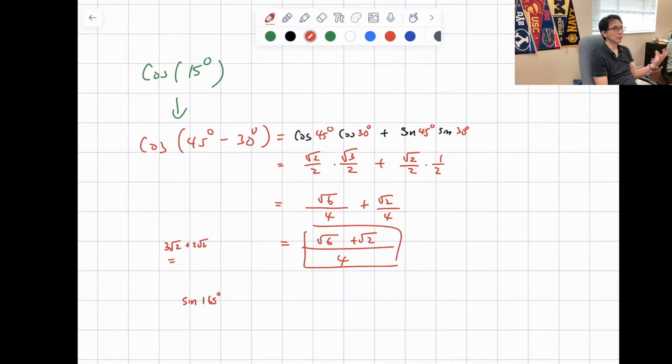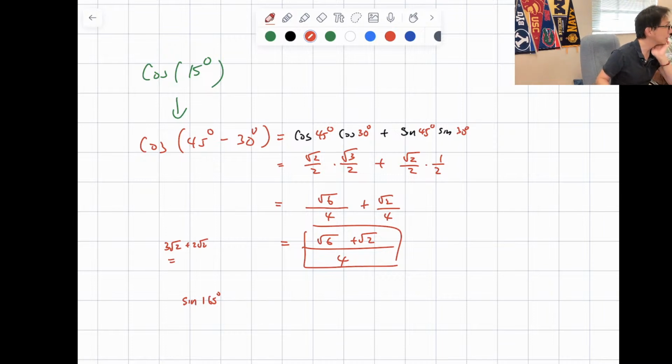Okay, so the answer should be the same. So what did you get for the answer? Square root 6 plus square root 2 over 4. I don't think that's right. Cohen, what did you get? You got the same? Did anybody get different answers? Julia, what did you get?